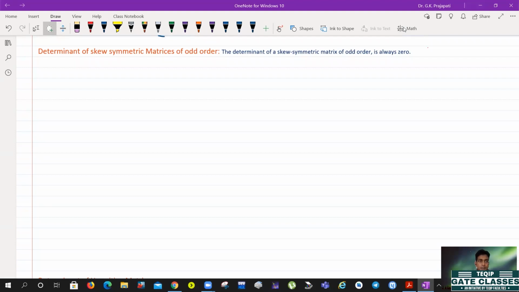Now the determinant of skew symmetric matrices of odd order. Remember this, if the skew symmetric matrix is of odd order, then its determinant will always be 0.